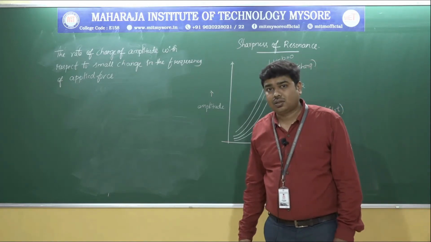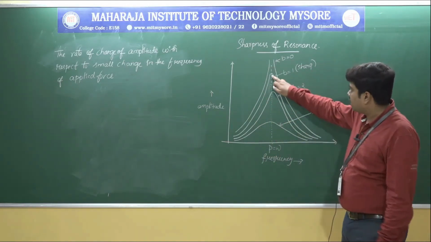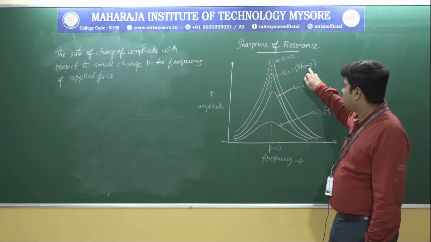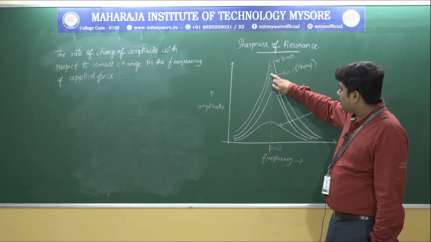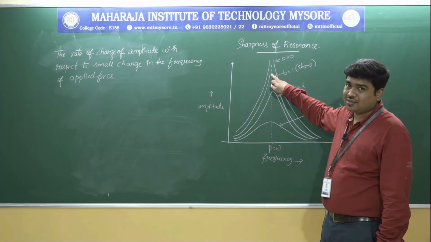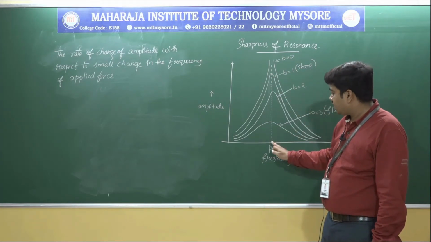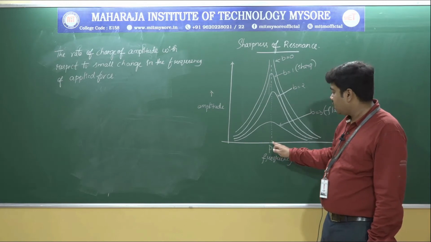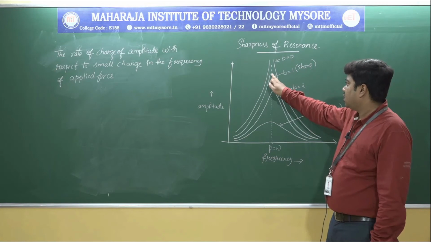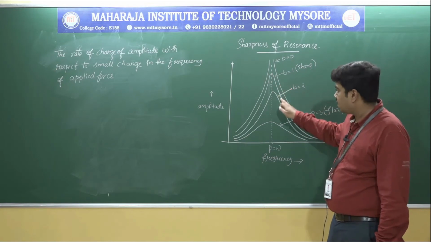oscillating body changes. Now as you can see here, in the case of the b equal to 1 factor, it is called a sharp curve. Now at p is equal to omega, that is at the resonance condition, you have maximum amplitude. But even if there is a small change in the frequency, either if you decrease the frequency or if there is a small increase in frequency, there is a sudden sharp decrease in the amplitude.